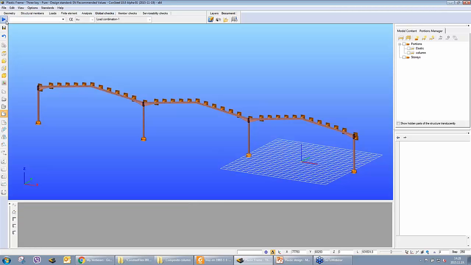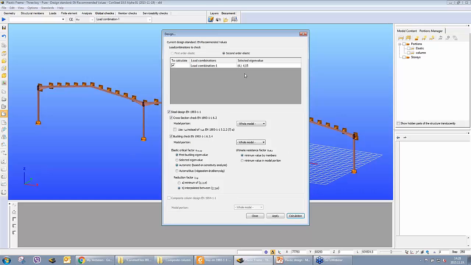So now I would like to run the design. We do not have to set any value or something for the design. We just have to check the cross-section check and the buckling check tab. There are some settings.